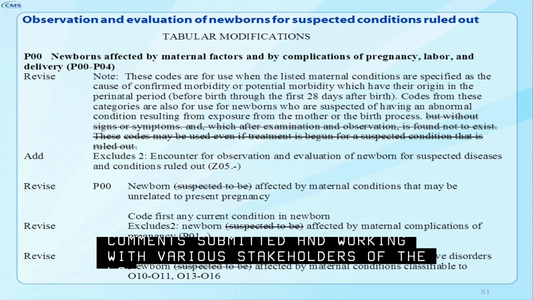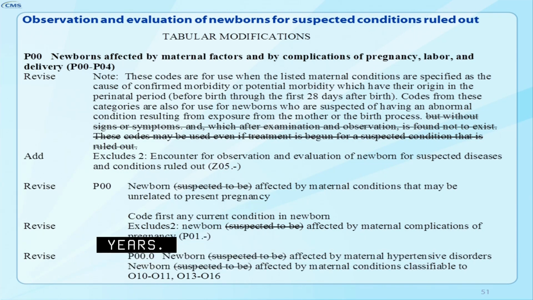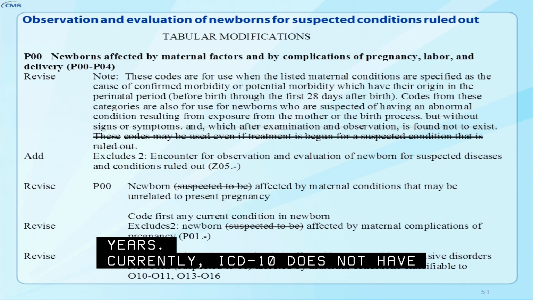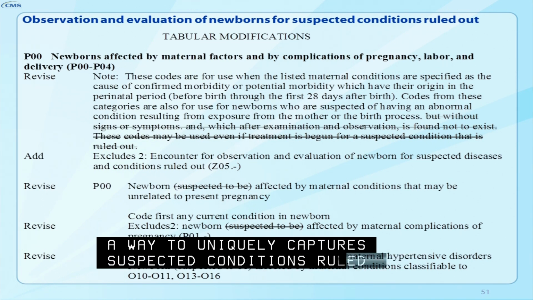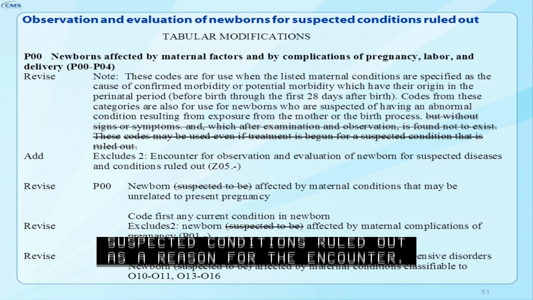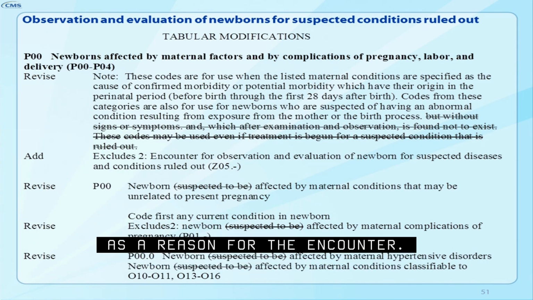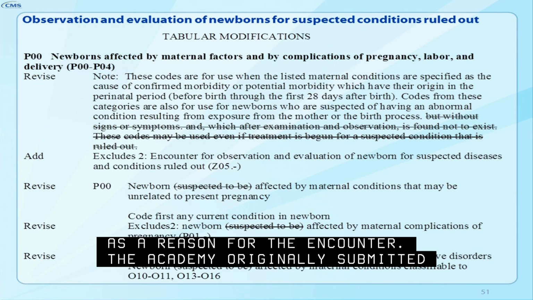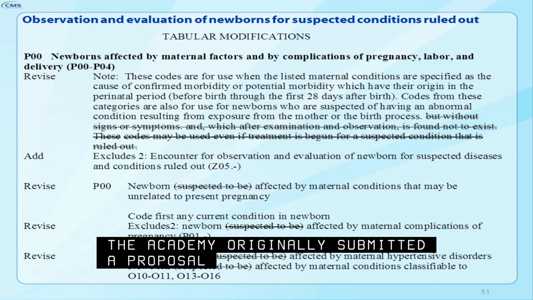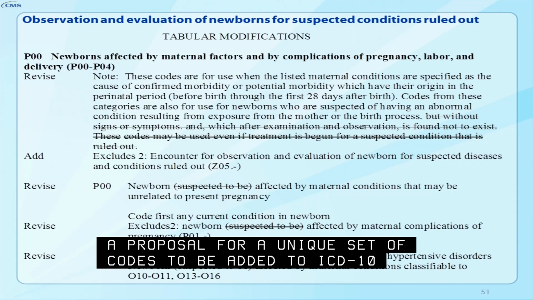Currently, ICD-10 does not have a way to uniquely capture suspected conditions ruled out as a reason for the encounter. The Academy originally submitted a proposal for a unique set of codes to be added to ICD-10 to more clearly capture this information.